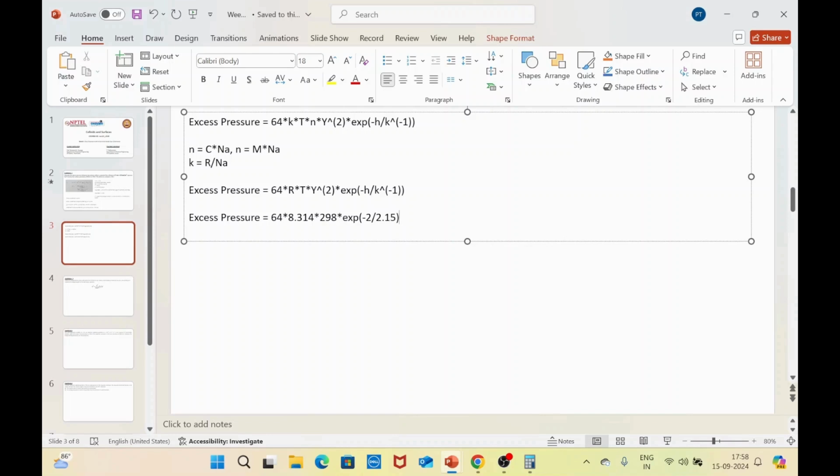Times gamma square. So here I'll write gamma square was 0.275, right? So you need to now calculate this expression.